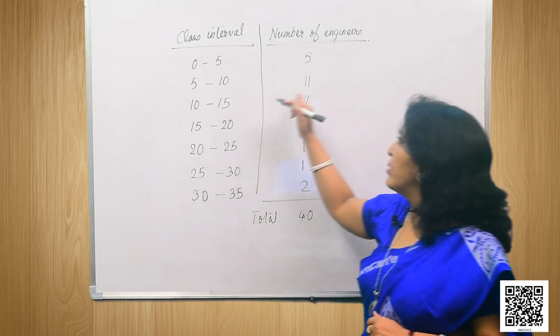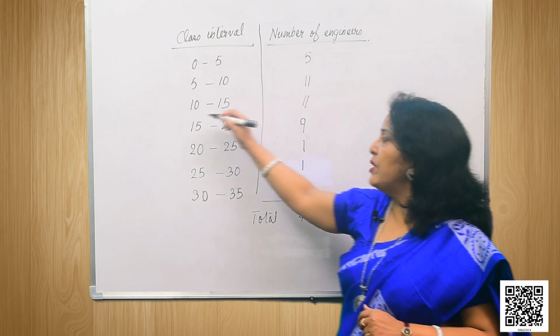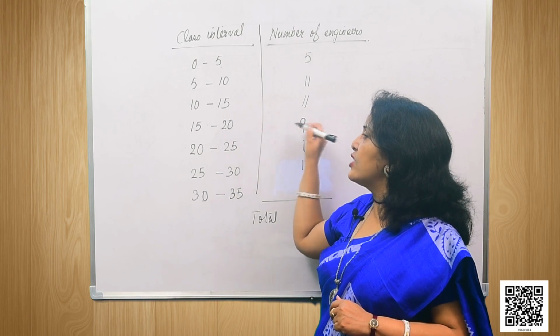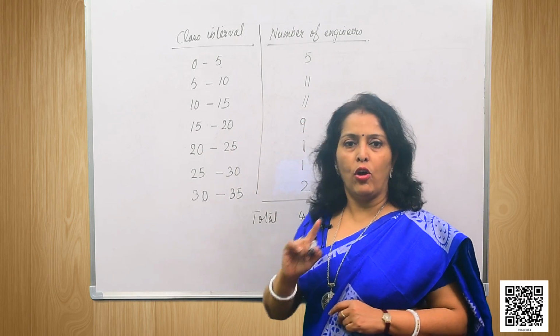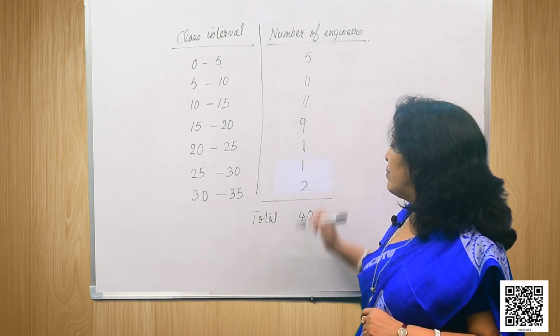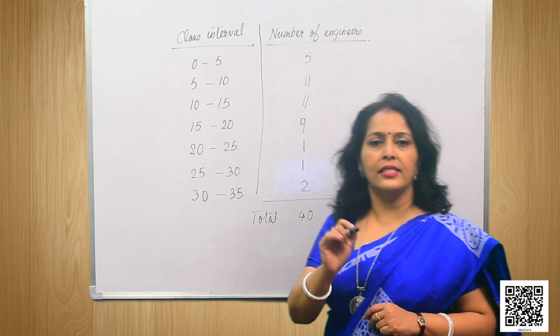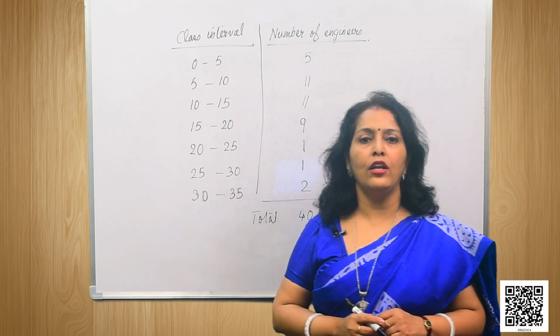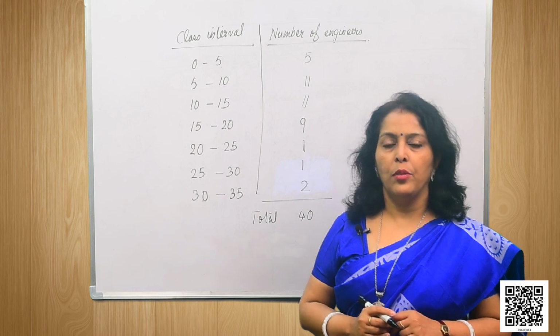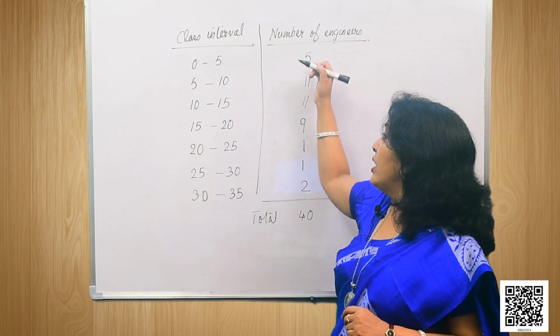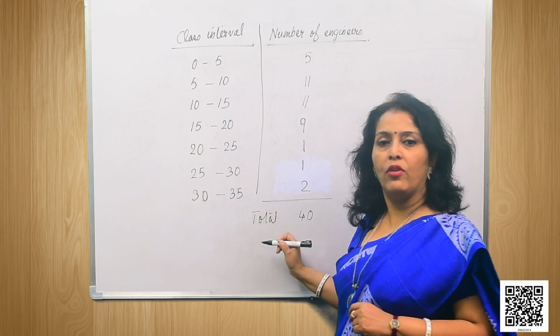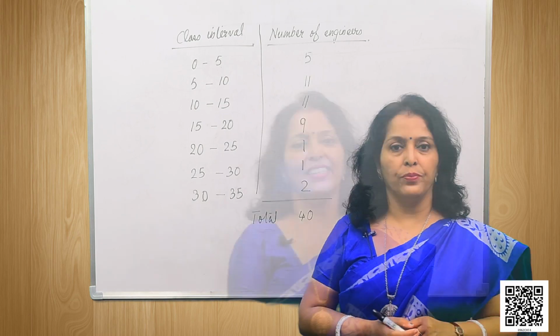As a result I am getting 11 numbers. Similarly I have made the frequencies of each class, and always note the total should be equal to 40, as it is given in the question that there are total 40 engineers. Please do not forget that the total of the frequencies should always be equal to the number given to you.